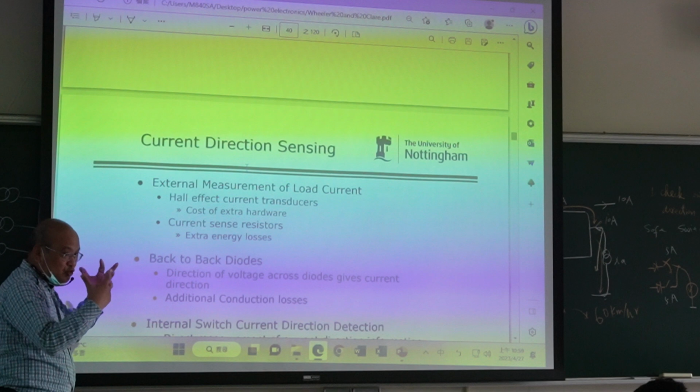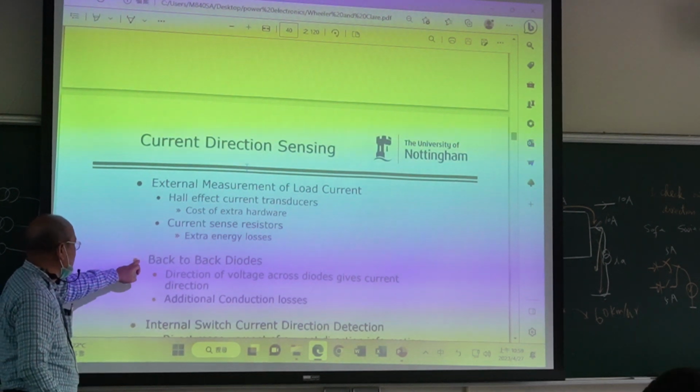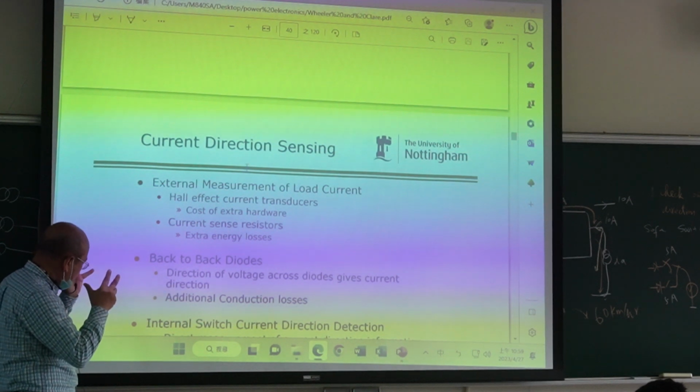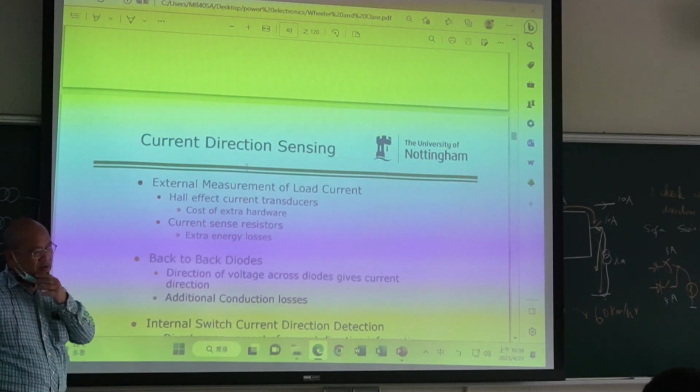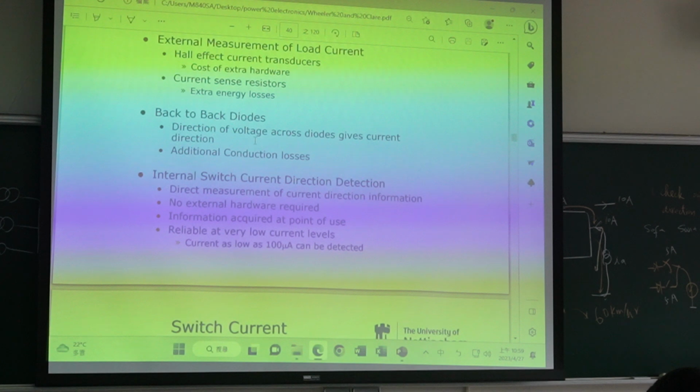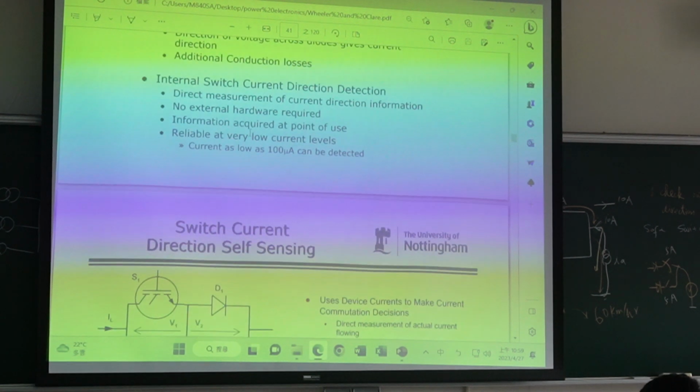Then it is cheap. So we have two ways: use a diode or use the internal switch. So we don't like the external Hall sensor because it is too expensive. So we use back to back and the internal switch.